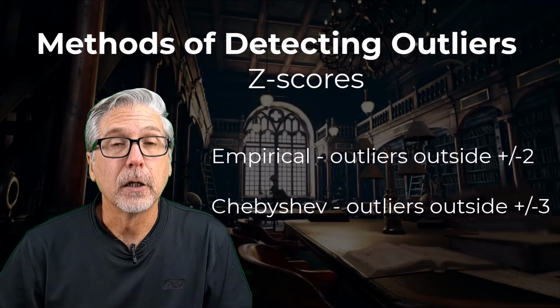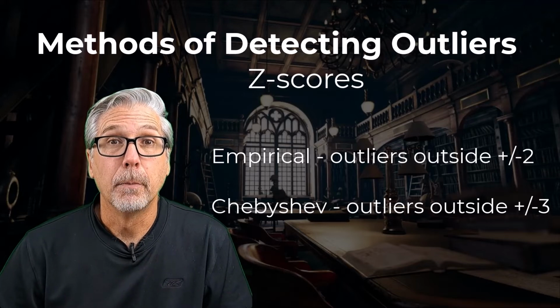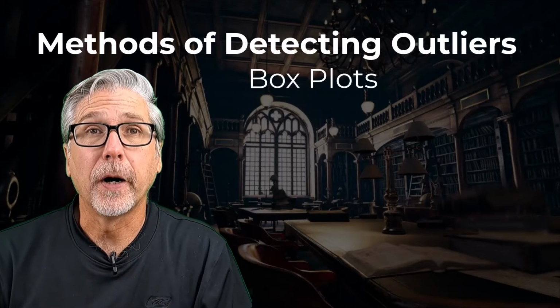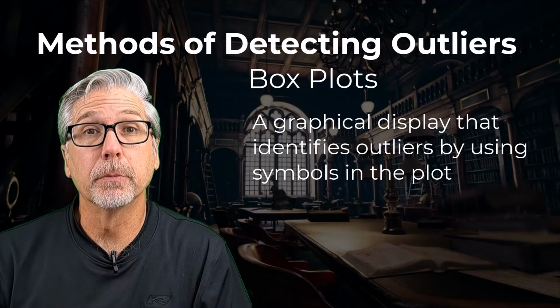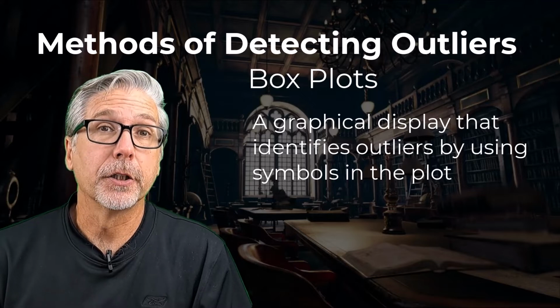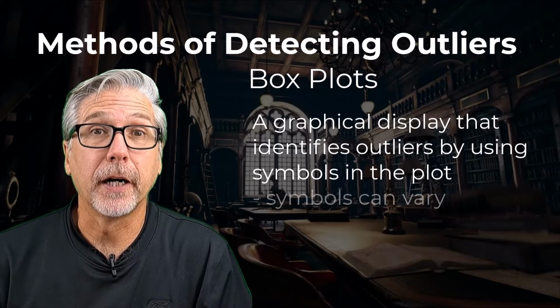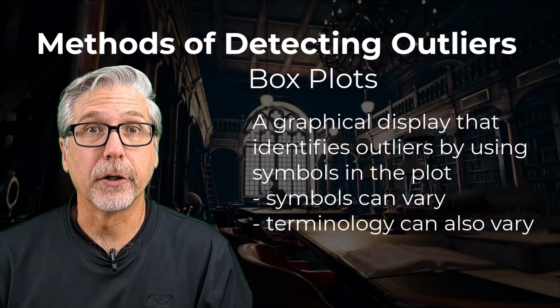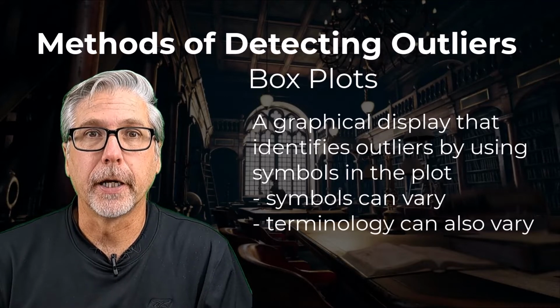Before we go there, let's talk about our second method of detecting outliers, box plots. Box plots are graphs that identify outliers using symbols in the plot. Depending on the software used, the symbols can vary. In addition, the terminology that we use with outliers can vary greatly from one person to the next.